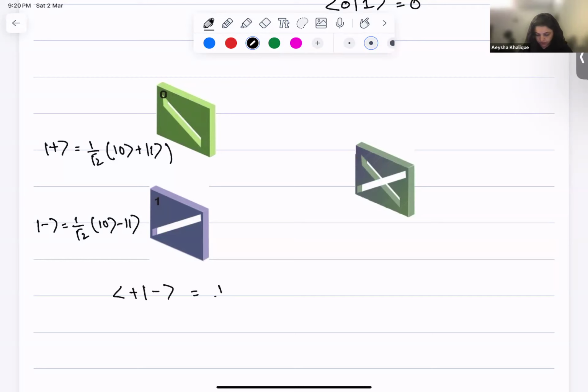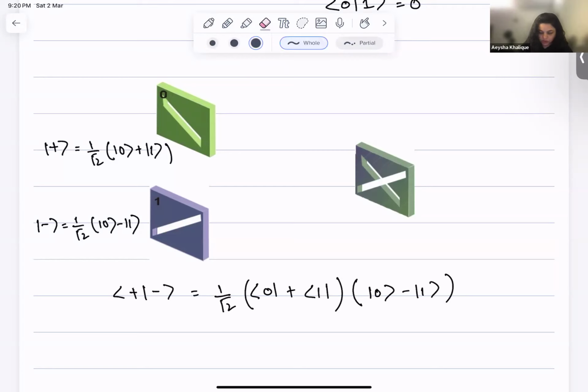That is, if I do plus and minus, I will get 1 over root 2, 0 plus 1. I'm just taking the inner product of the two, and it will be 0 plus 0 minus 1, plus and minus, right? And 1 over root 2 for that as well. So I'll get 1 over 2 over here, and this gives me 1 over 2, 0, 0, plus 0, 1.